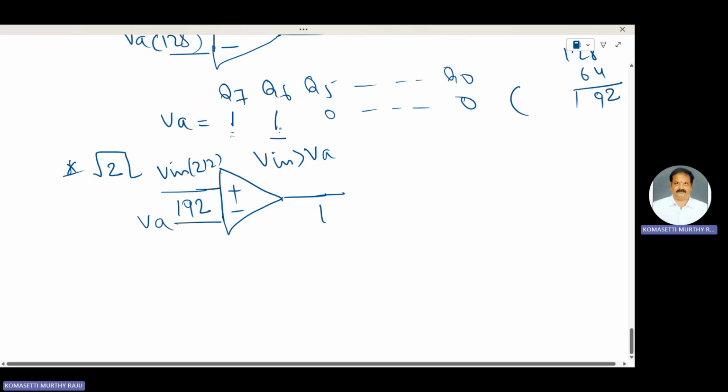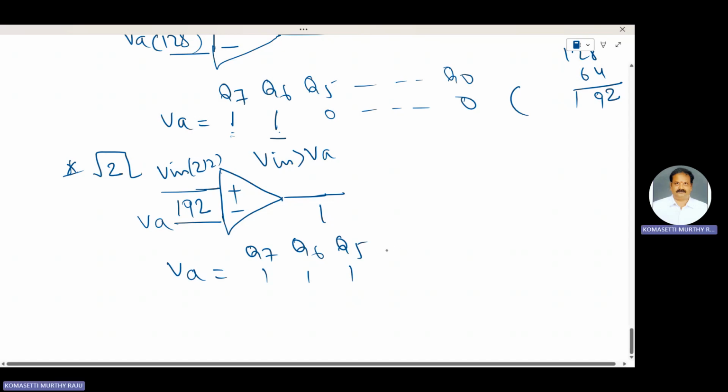Now concentrate on Q6. The SAR changes, so the new VA is: Q7 is 1 as it is, Q6 is 1 because Vin is greater than VA, and the next bit Q5 is also 1.